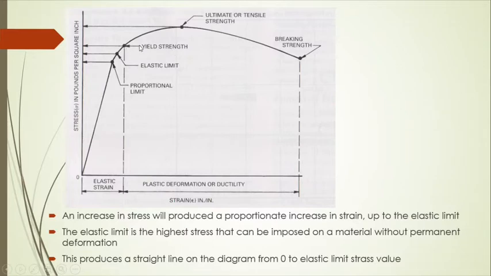Although the column will not buckle at higher stress, it will yield at yield strength. Once the column is imposed with stresses beyond the yield strength, the column will deform permanently, which in turn changes the eccentricity and the moment of inertia of the column, which will also cause buckling.